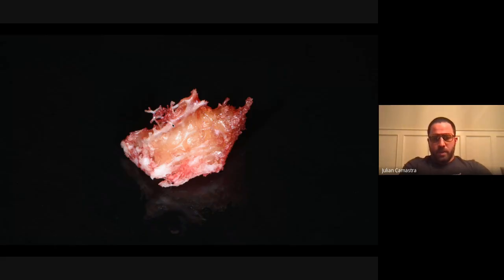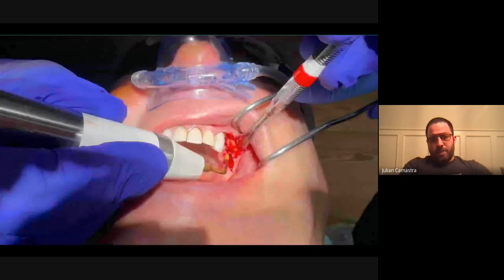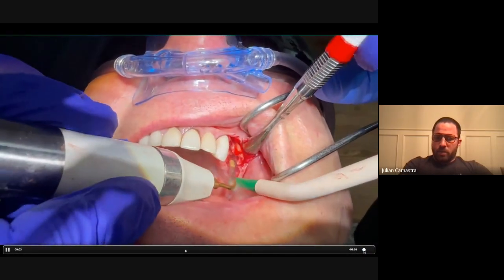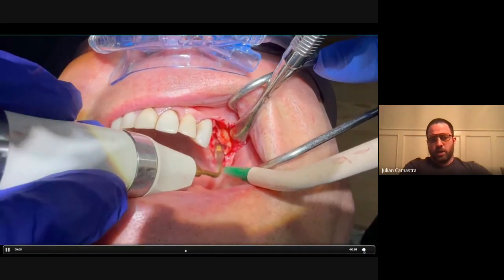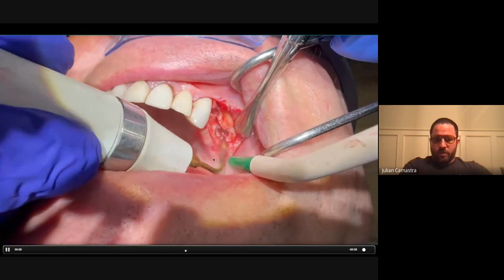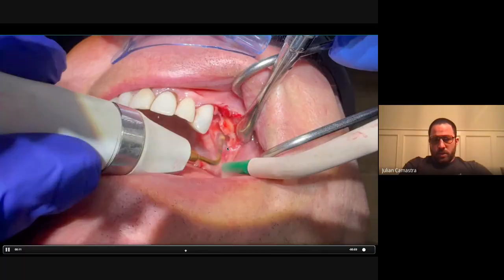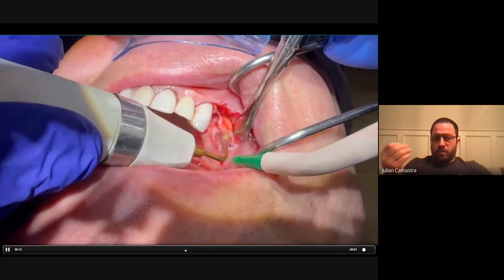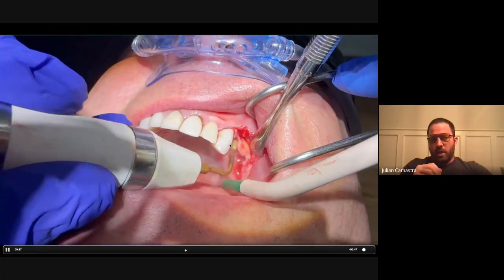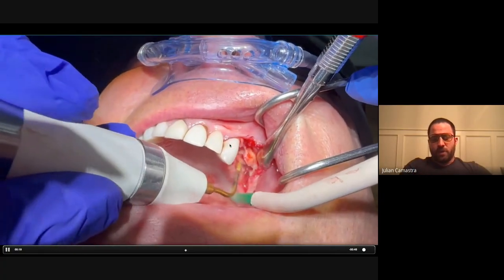Okay. This isn't the same patient, but this just shows partially how we clean out the sites. And this is using the piezo surgery. It's an ultrasonic device, and it vibrates at a very high frequency. It uses sound in order to vibrate the bone, and it's a very good tool for cleaning tissue and promoting blood flow.